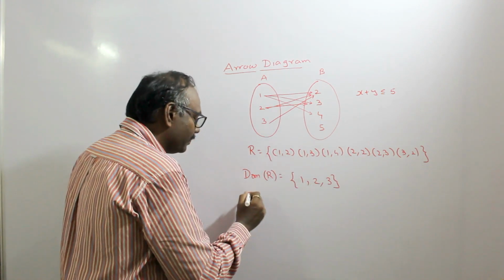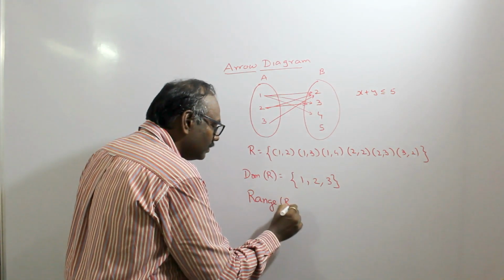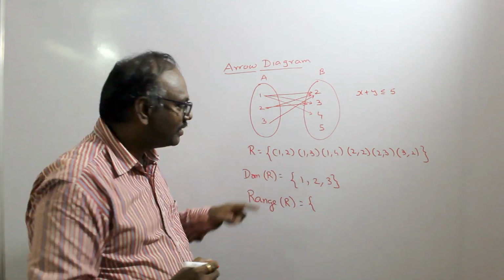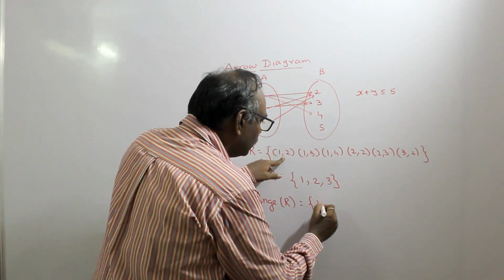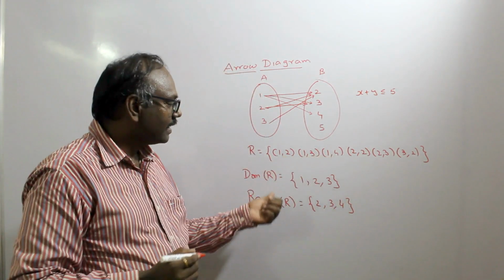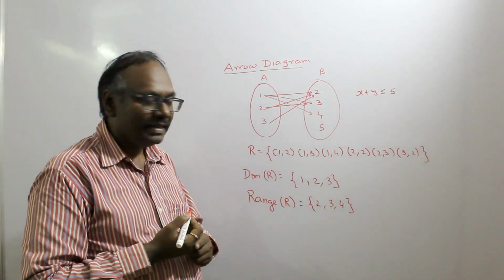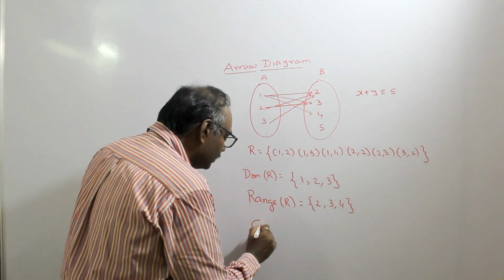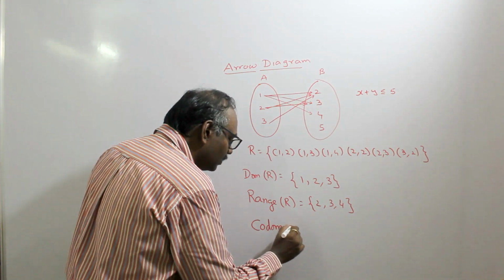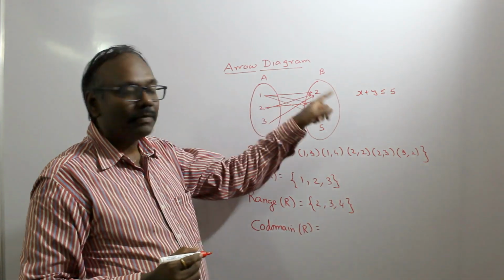Then the range of R is given by the second part of each ordered pair without repetition. So we can write 2, 3 and 4. So the second part of each ordered pair without repetition is called the range of R. Then the codomain of R is nothing but the second set of this particular relation.